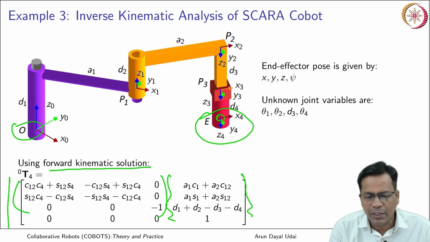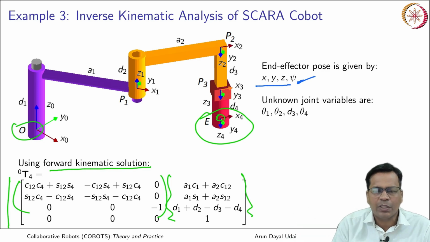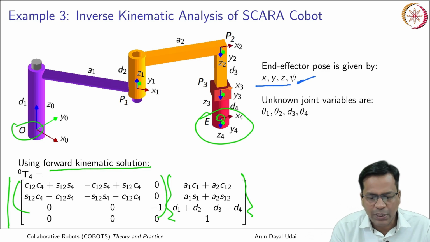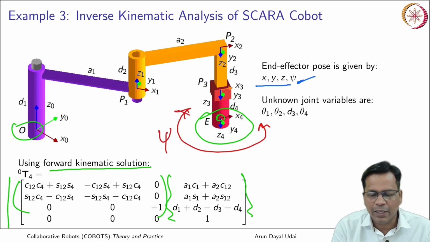So what is known is end effector pose, that is position XYZ of this end effector, and orientation, okay. This robot cannot only go to any XYZ because it is a 4 degree of freedom robot and you have a rotation. So this last frame can also have a rotation axis, okay. So that is the angle psi. So that is written here.